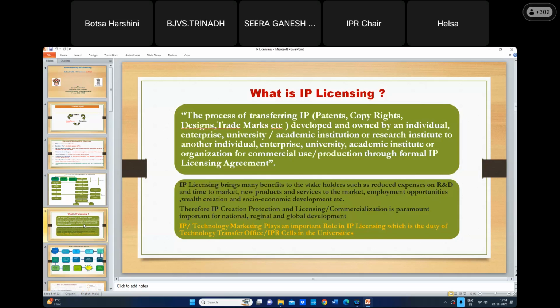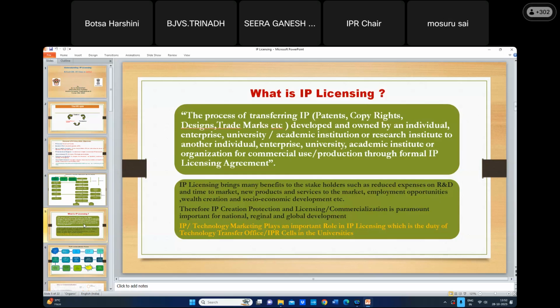And using those rights, you can license to others. Once you have got the rights conferred on you, either you can use that knowledge yourself, because once that IP right is conferred on you or a patent is granted to you, what is the advantage you get? You are the owner of that knowledge for a period of 20 years. No one can use that knowledge without your permission.